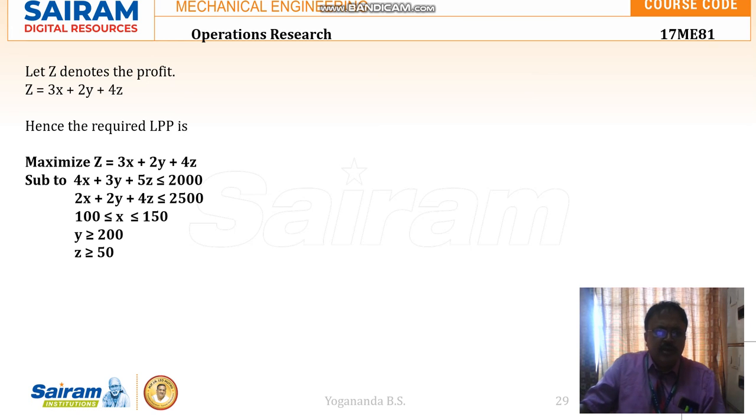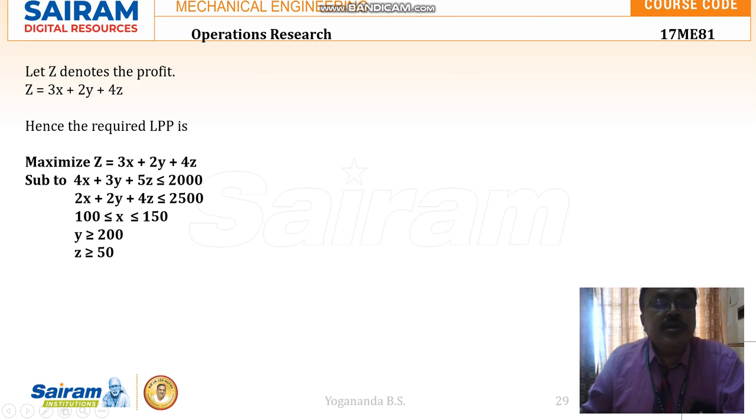So that is what is summarized here. The objective function Z denotes the profit. So the required LPP is: maximize Z equal to 3X plus 2Y plus 4Z, subject to the constraints we framed here.